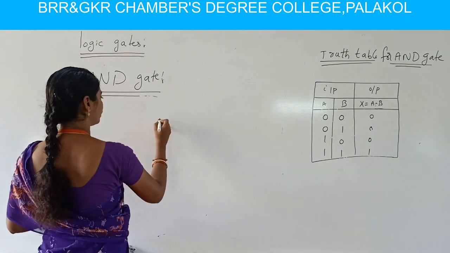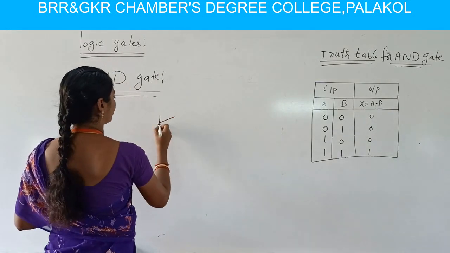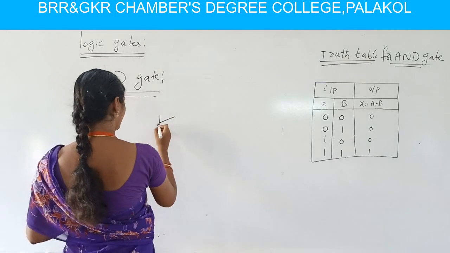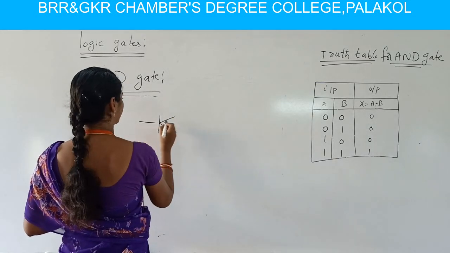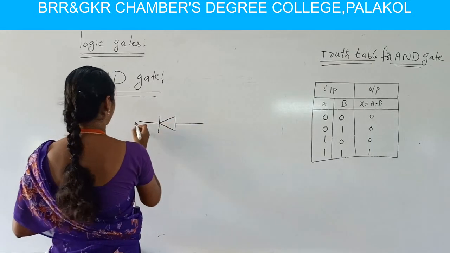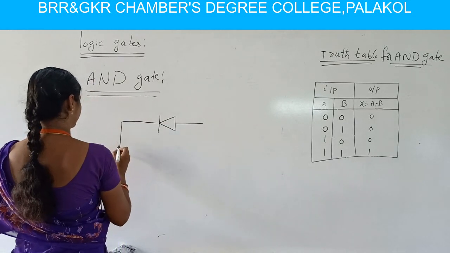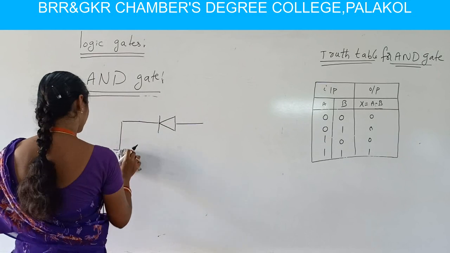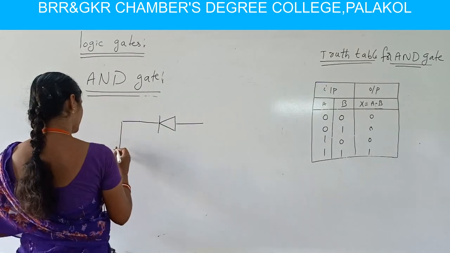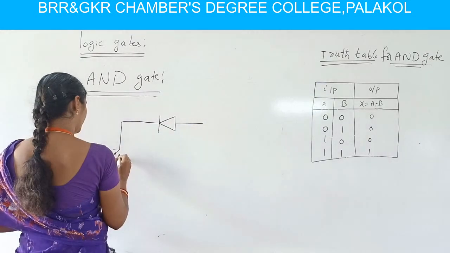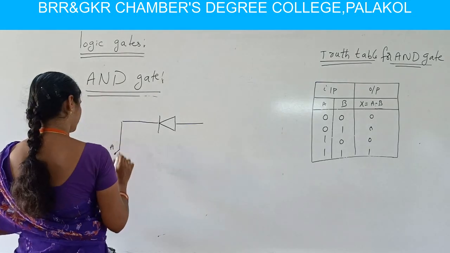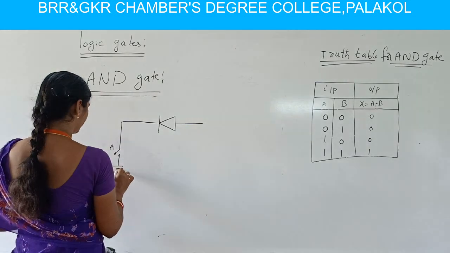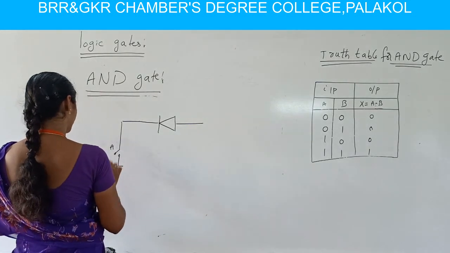Both the anodes of the diodes are connected to the power supply. Here we are considering a switch, and B switches are also drawn in this circuit for the AND gate. Here this is the variable A for the switch and we are applying the 5 volt battery here.